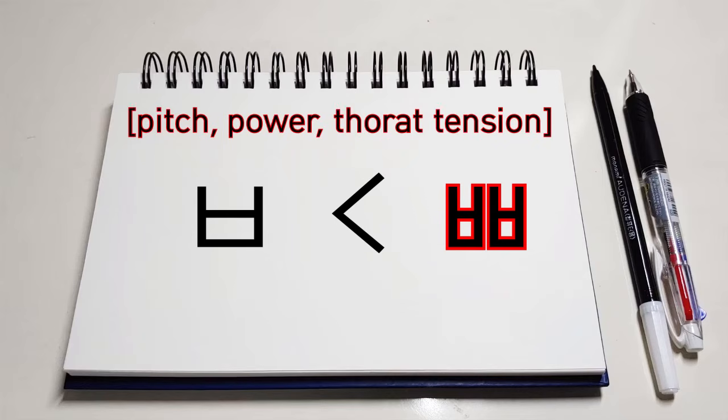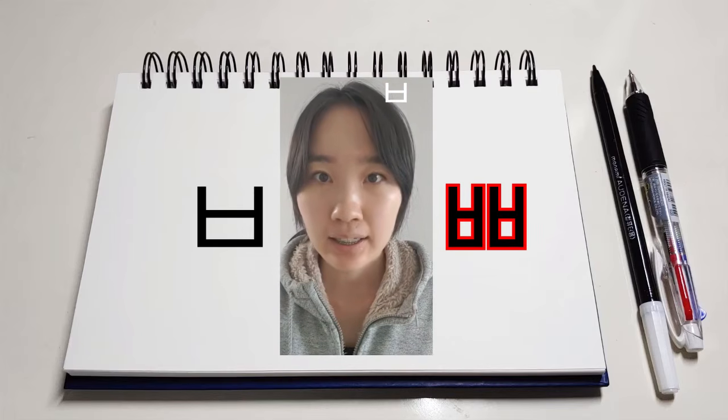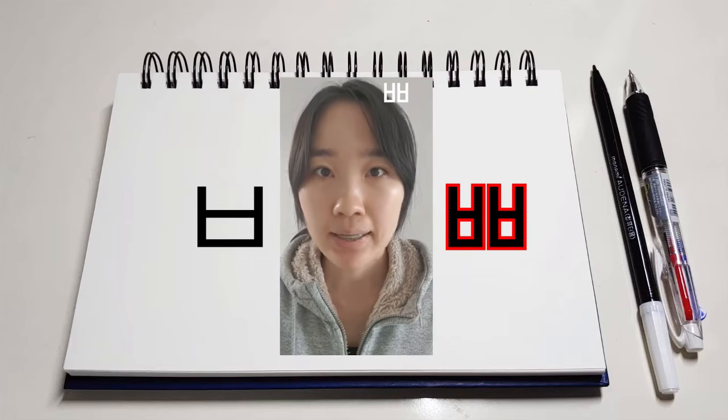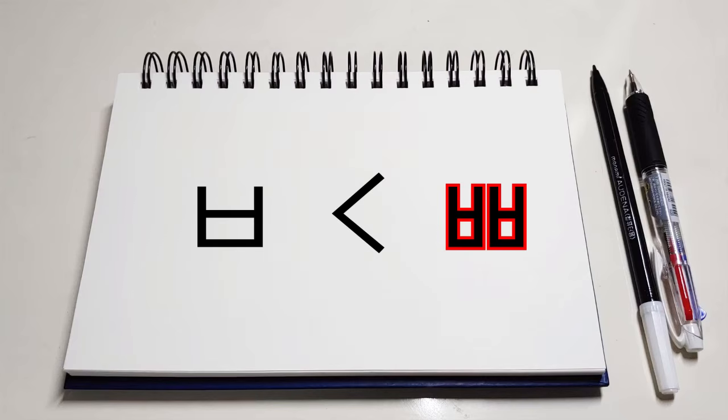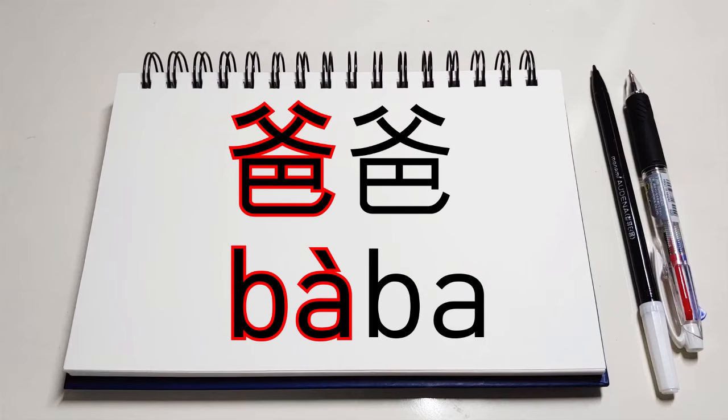Double 비읍 is also a double consonant, b. It's a more tensed and high-pitched version of 비읍. b, b. Like 비읍, your lips pop open, but this time with more power and more tension in your throat. If you speak Chinese, this b sound is very similar to the first ba sound when you say baba.